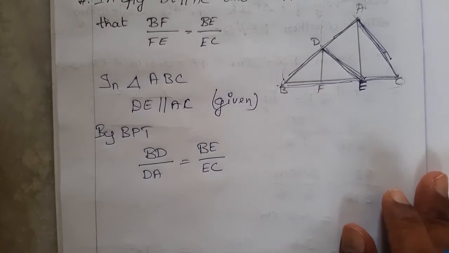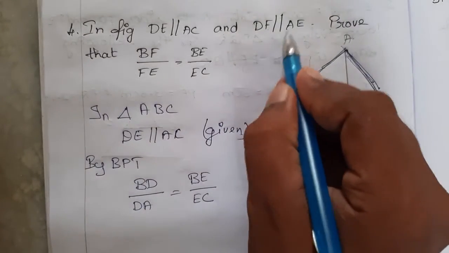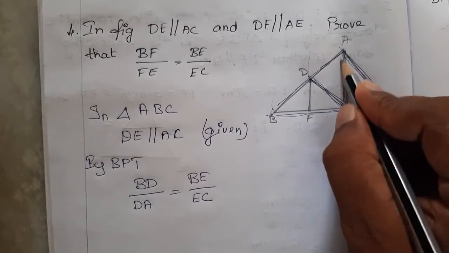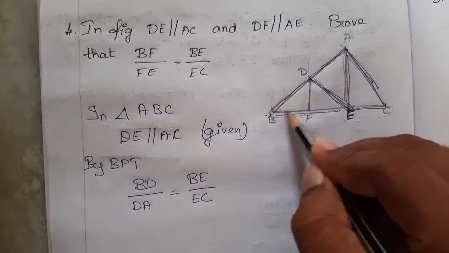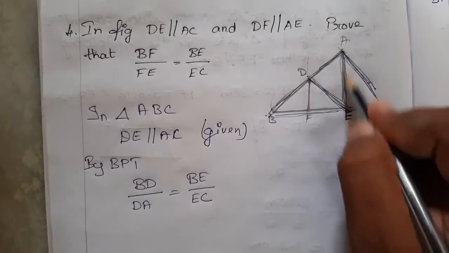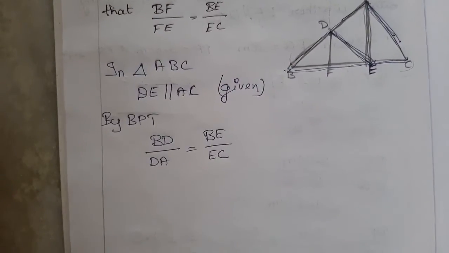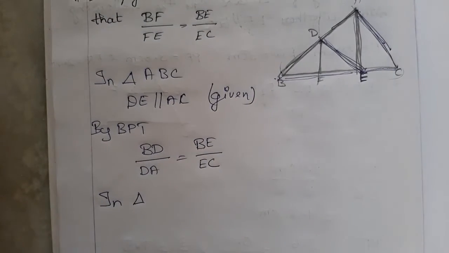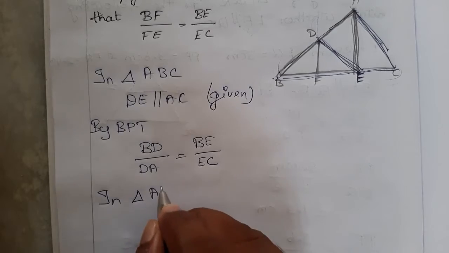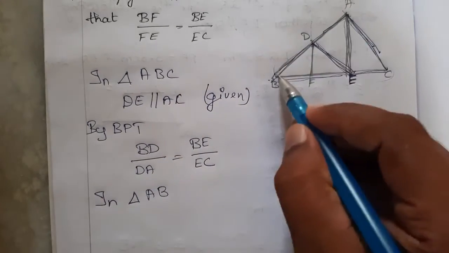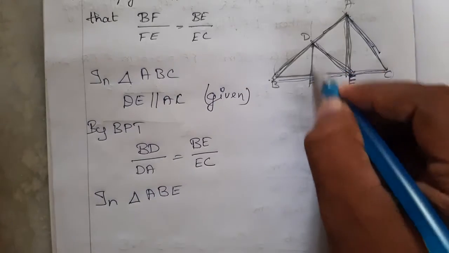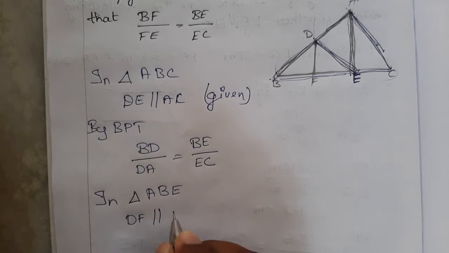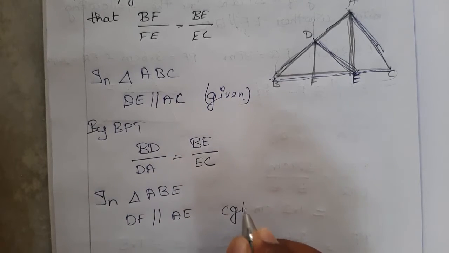right? So the next thing given is DF is parallel to AE. Let me show that DF is parallel to AE. So we can consider this triangle ABE, and these two are parallel. So again we can use BPT and we will get a ratio. So in triangle ABE, DF is parallel to AE, which is given.